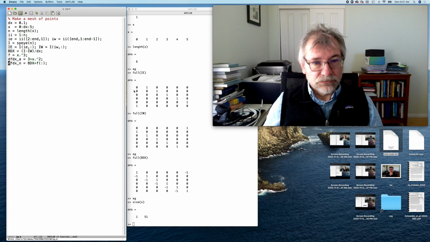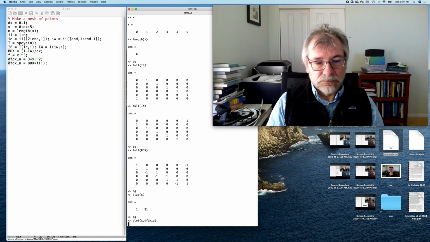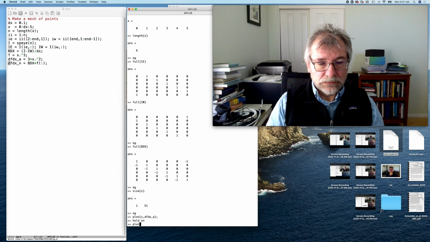And let's compare those two. e.g. plot x comma df dx analytical, and hold on, and plot x df dx numerical.